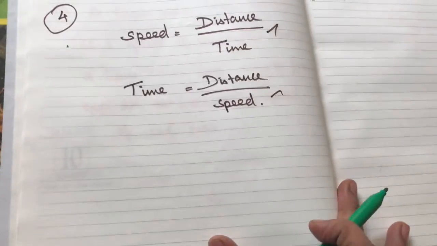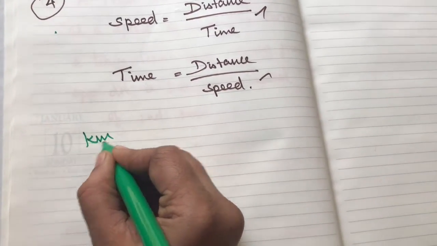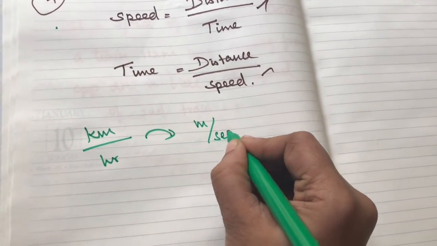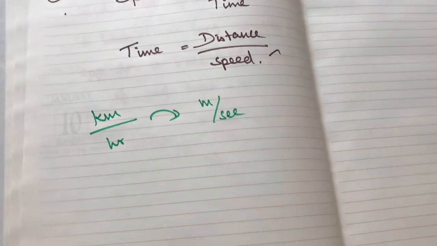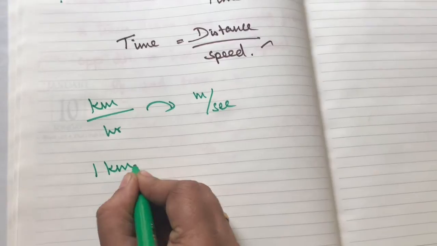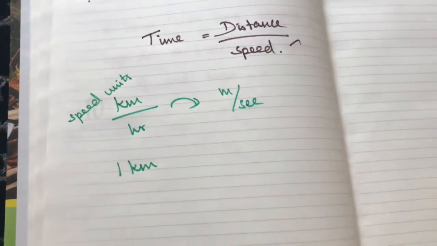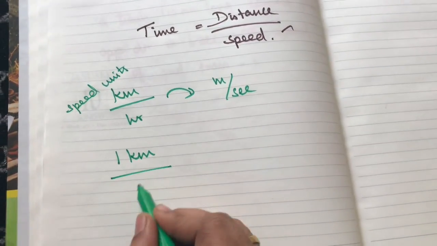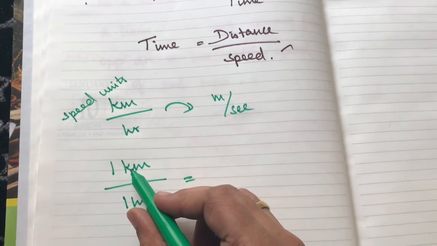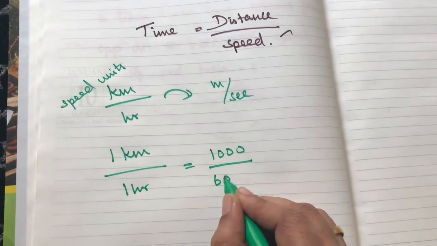Okay, and one more point I need to tell you. Many have a doubt about kilometer per hour to meter per second. How can I change kilometer per hour to meter per second? This is all about speed units. I can easily write 1 kilometer by 1 hour equal to, I can write this kilometer as 1000 meters by 60.